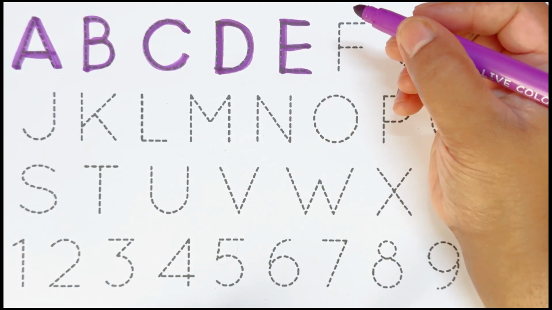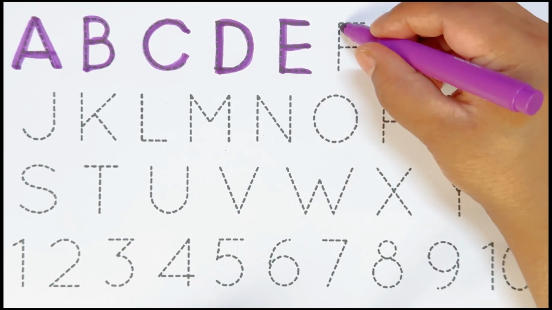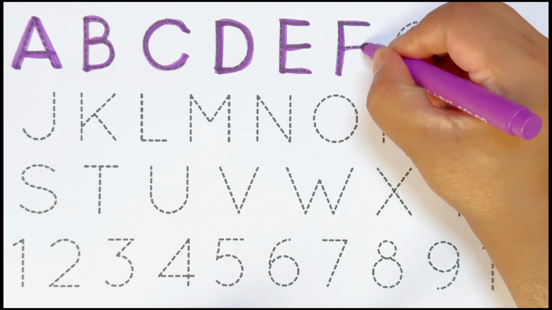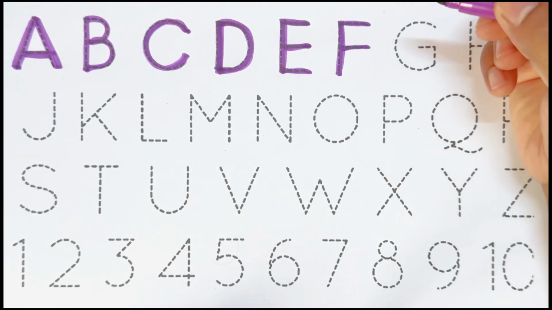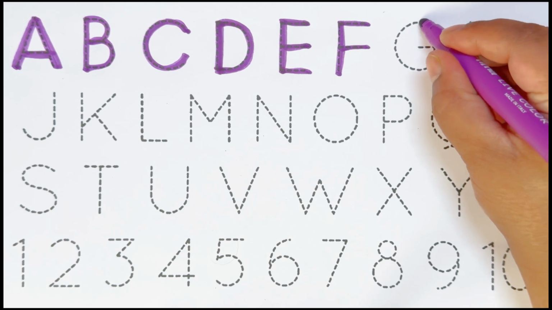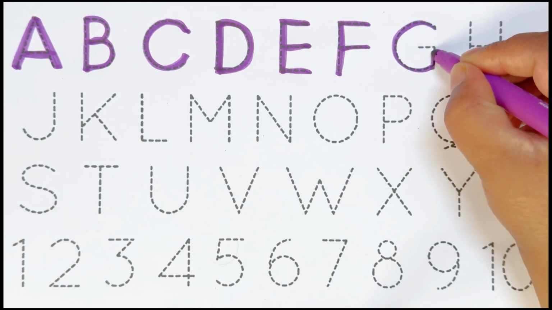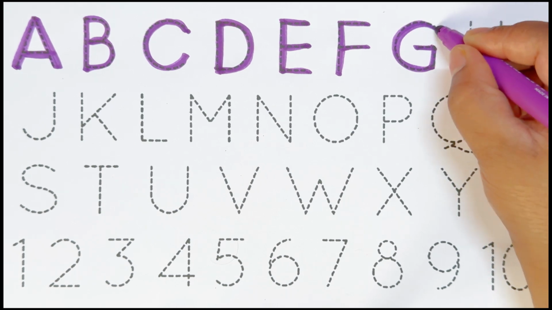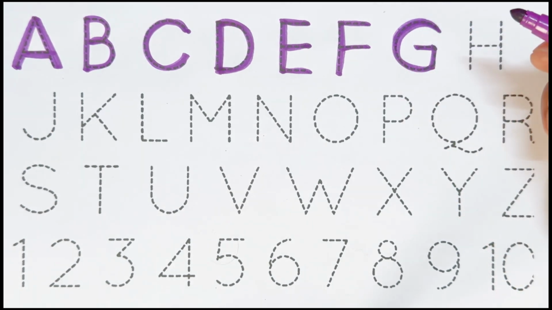E for eyes. F. F for fox. F for furniture. G. G for goat. G for gold.